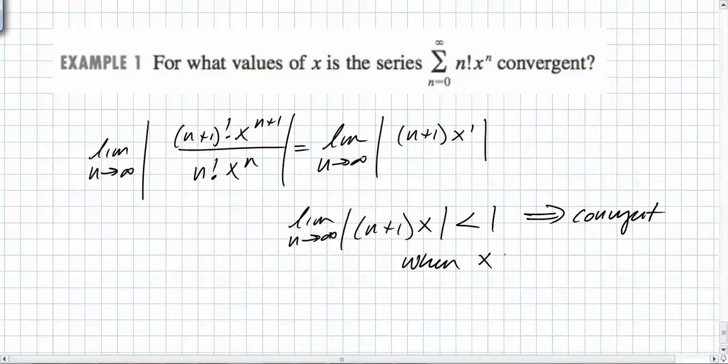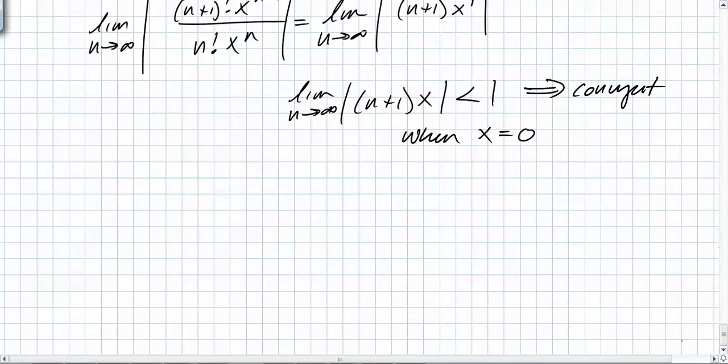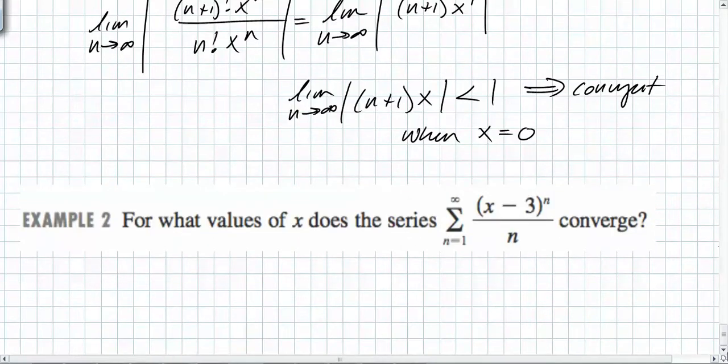Close, but n is changing. X has to be static. Oh, 1 over infinity. So to make it easier, when is it definitely 0? Okay, when x is 0, this thing is definitely convergent. Do you agree? Now what about for all other x values? For all other x values, what's going to happen? It's going to diverge. Exactly.